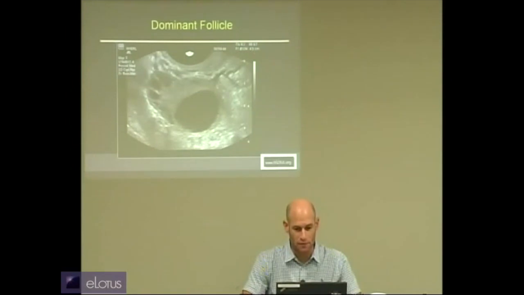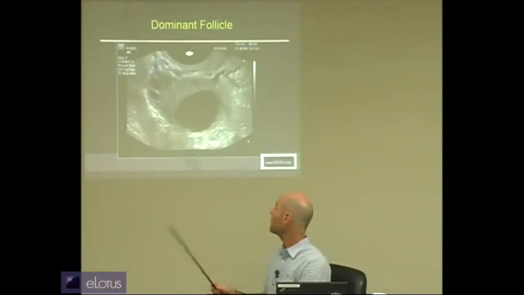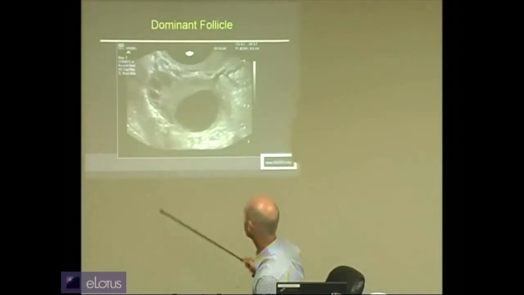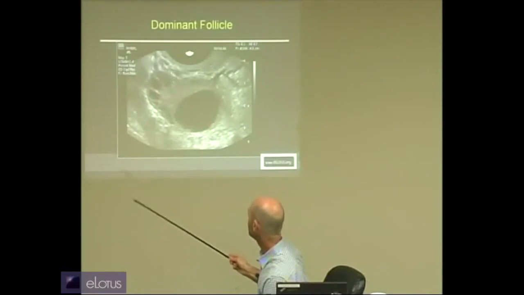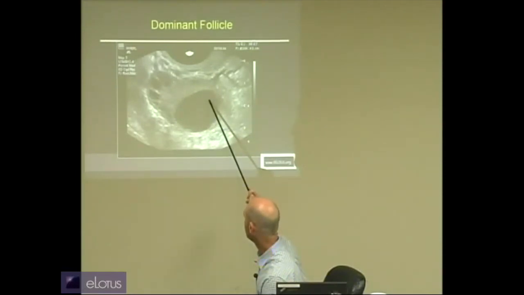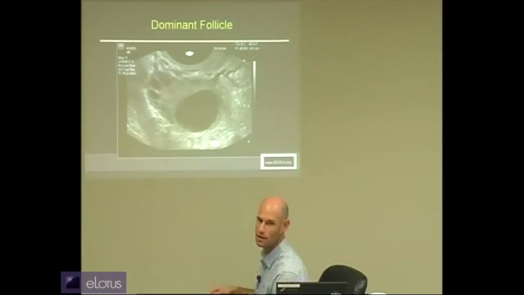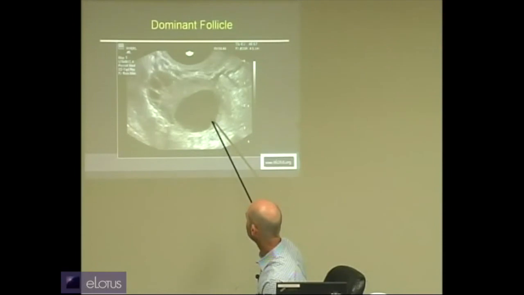So eventually what happens is one of those follicles becomes the dominant follicle. And that's what this looks like on ultrasound. So again, you have a couple more of these follicles, but as we get later on in the cycle, this is the follicle that's going to develop and ovulate. And remember, going back to the very beginning of the lecture, we saw that picture with that kind of bleb that was extruding out the edge of the ovary.